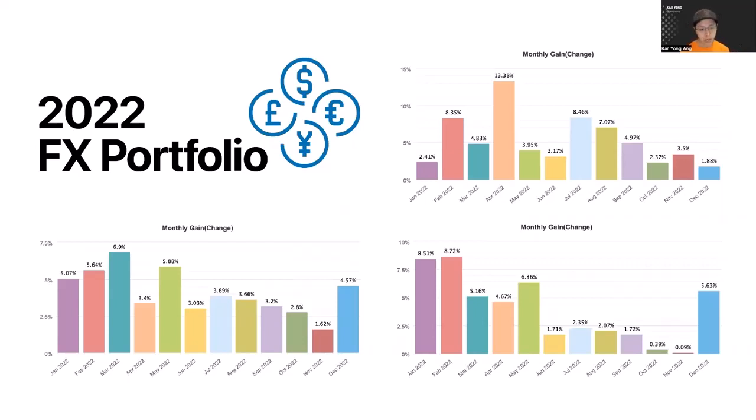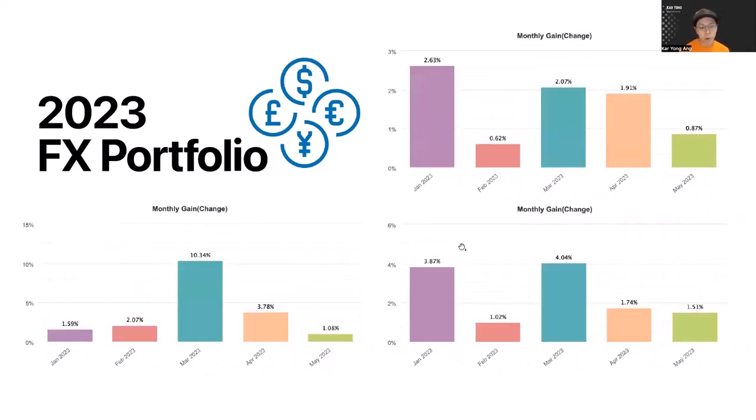I have 3 accounts over here. You can see from January to December, there are some months that are pretty good, and some months the results are slightly slower. And this year, all the way until the end of May, we're concluding June in a couple of days, you can see this is this year's result. Same thing over here, we have pretty good months, and some months are fairly slower.